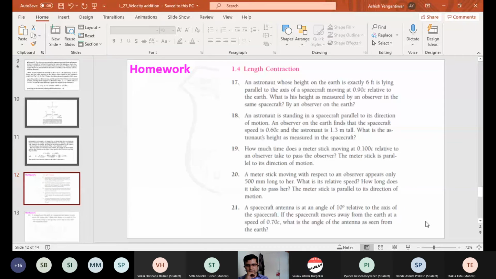Correct. And I am asking, can we calculate the component of the speed of light along the x-axis or the y-axis?